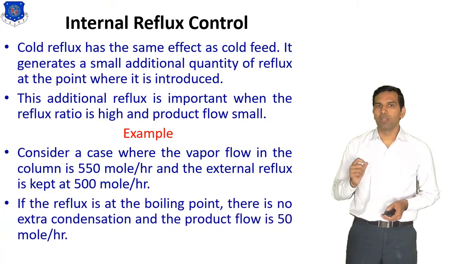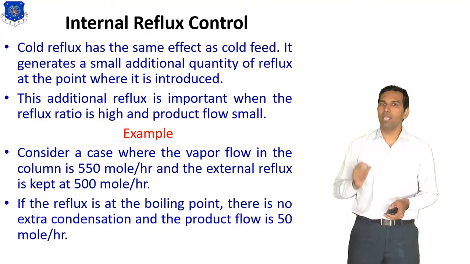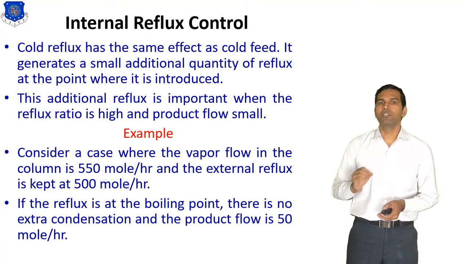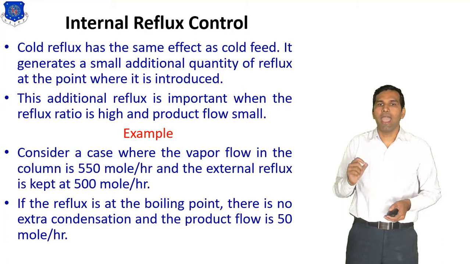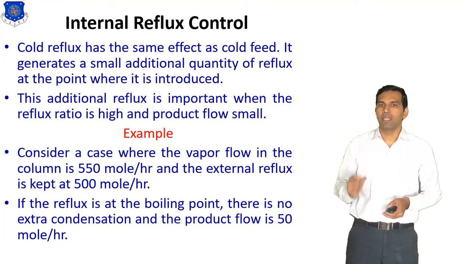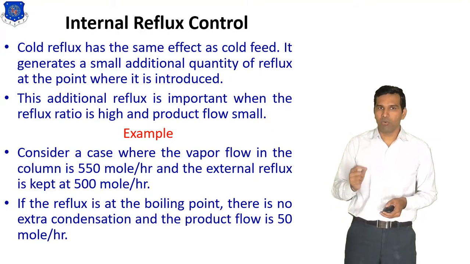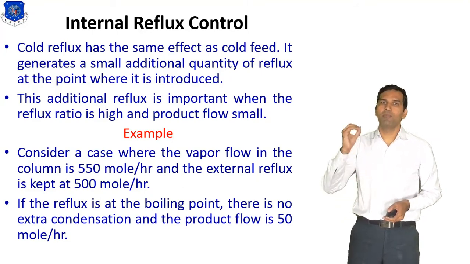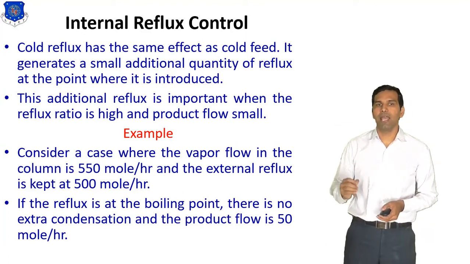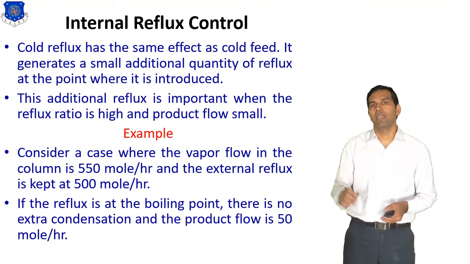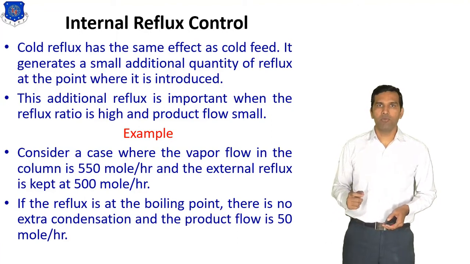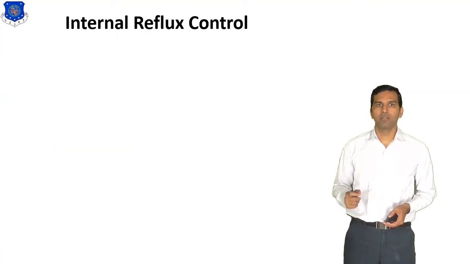Now if the reflux is at boiling point, there is no extra condensation and the product flow is 50 mole per hour. That means what this sentence is saying is, if the reflux is at the boiling point, then no extra condensation is needed.